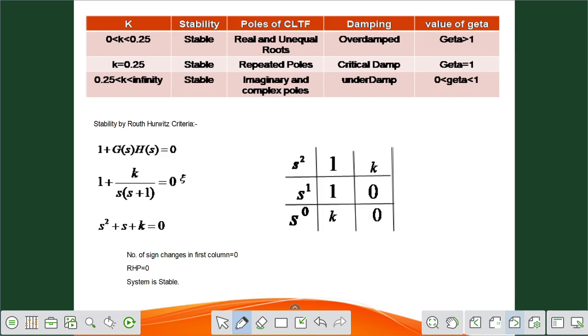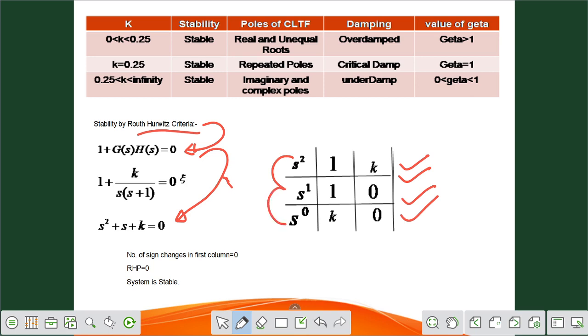You can see, by using the Routh-Hurwitz criteria, I can use the characteristic equation. By using the characteristic equation, I can make the Routh table. I have already explained this in the previous lecture. If there is no sign change in the first column of this table, that means the system is stable. That means right hand poles are not present here. Right hand poles are 0. If right hand poles are absent, the system is stable.